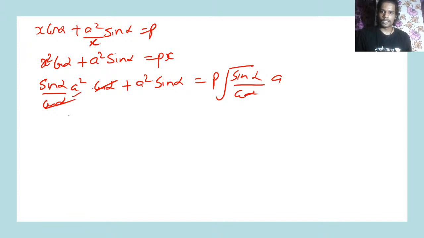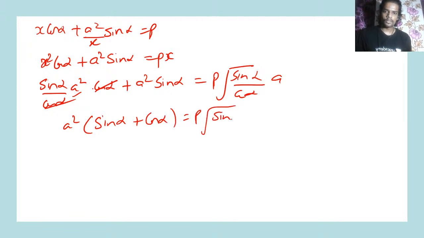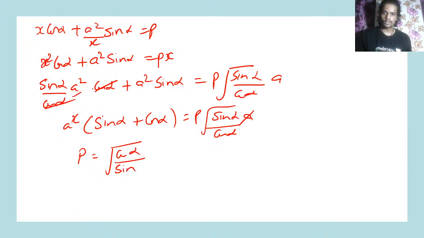You will be left with a square sin alpha plus cos alpha, which is equal to p root sin alpha upon cos alpha multiplied by a. Now this a and a will cancel out, and you are left with p equal root over cos alpha upon sin alpha plus cos alpha, and there is a a.